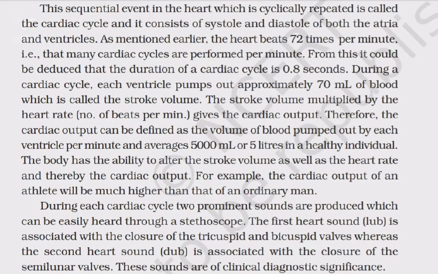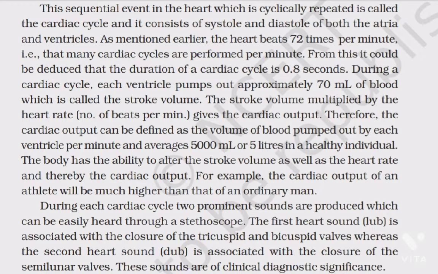During a cardiac cycle, each ventricle pumps out approximately 70 ml of blood, which is called the stroke volume. The stroke volume multiplied by the heart rate, the number of beats per minute, gives the cardiac output.